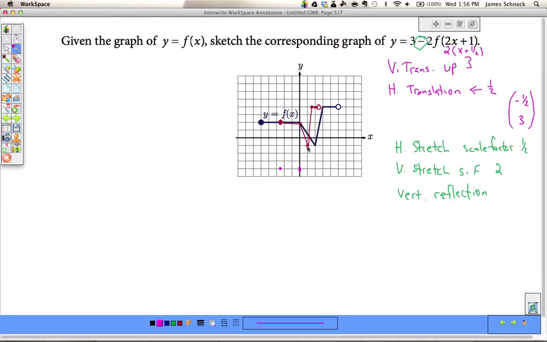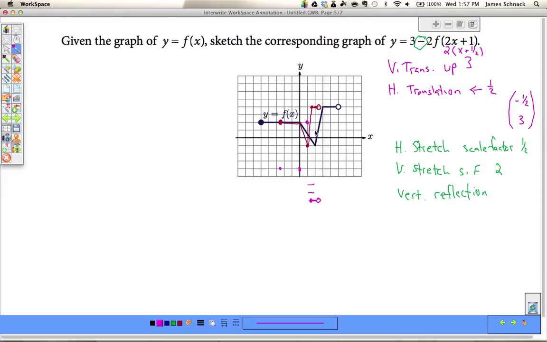This point, twice as tall, but reflect. These points, twice as tall, so it's going to be at 8, and then reflect. So it's going to be here, and one more point to reflect and stretch to right there.